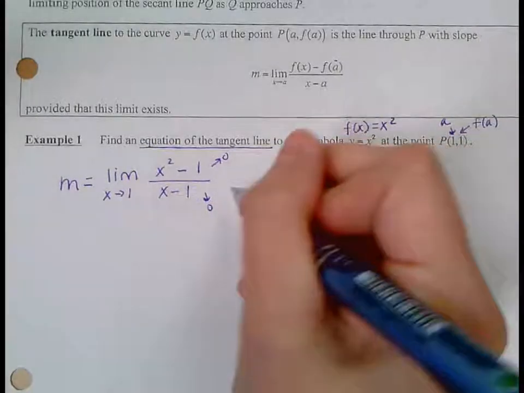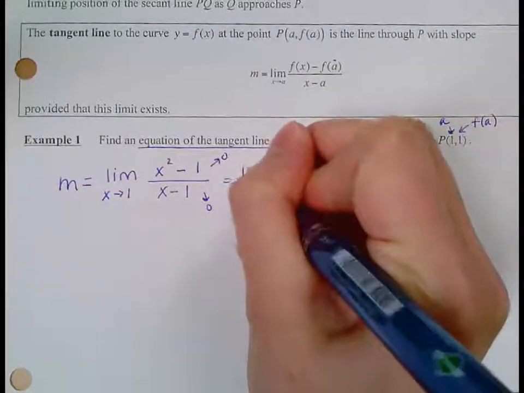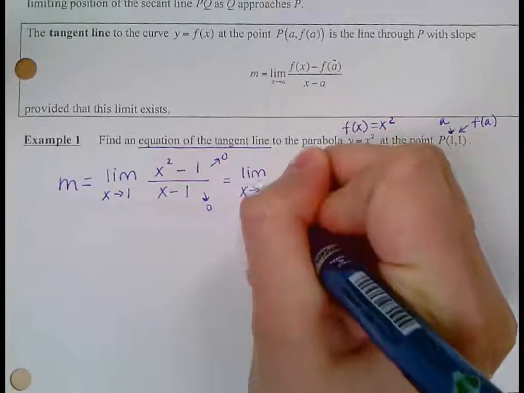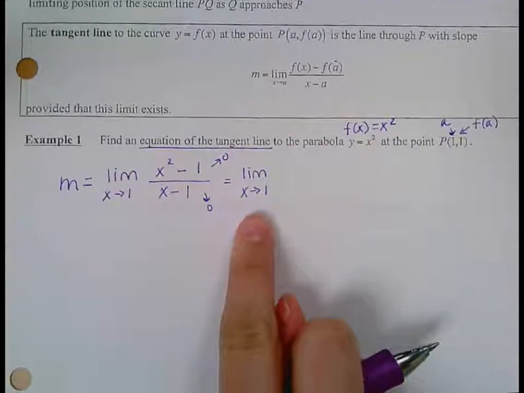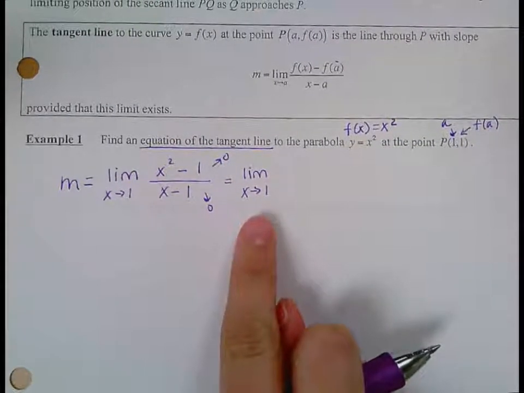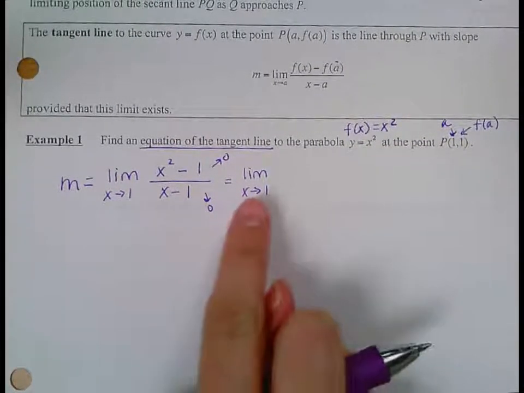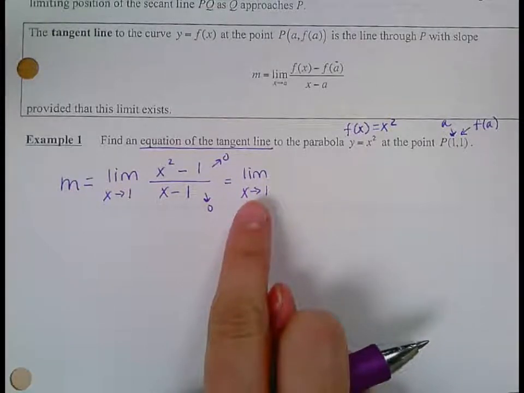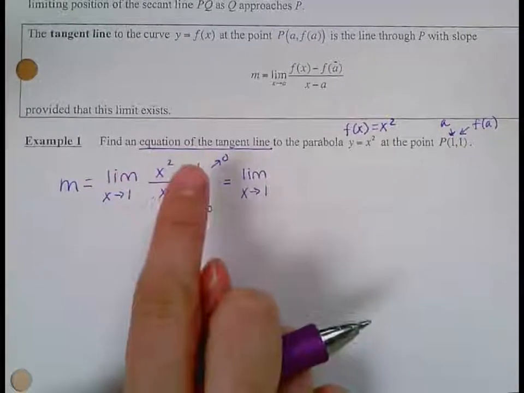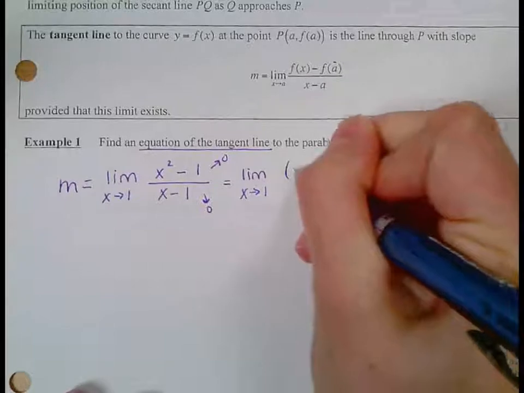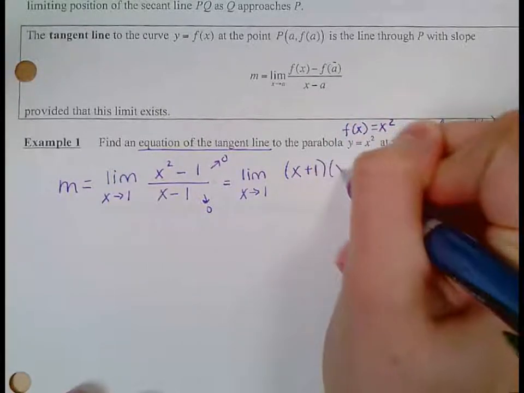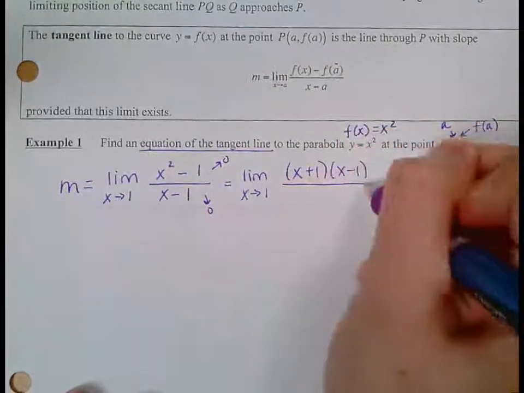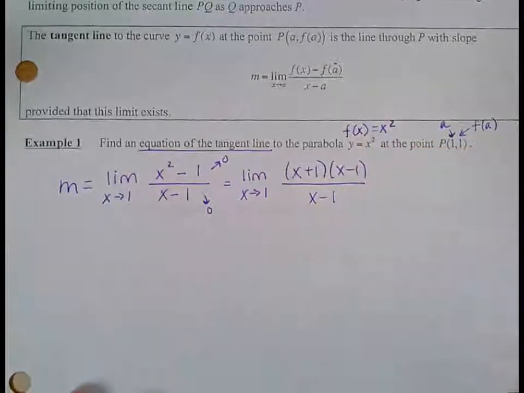Factor the top, yes. And if I'm now rewriting the function, I haven't actually taken the limit yet, so I should rewrite the limit as x approaches 1. Factor x squared minus 1. That's a difference of squares, x plus 1 times x minus 1. And then I still have x minus 1 in the denominator.